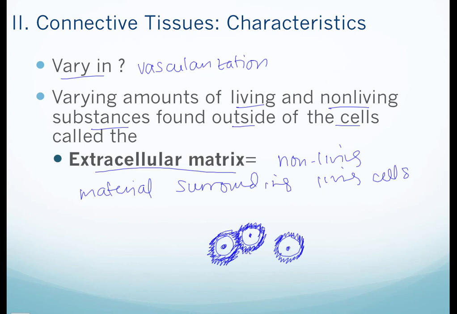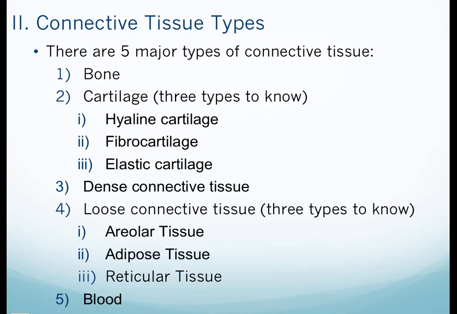Okay. Alright. Moving on. Okay, so looking at these connective tissue types, we have 5 major categories. Bone, cartilage, there's 3 different types that we're going to go over. Dense connective tissue, loose connective tissue, 3 to know, and then finally blood. Okay, for your exam, what should you know about this stuff?